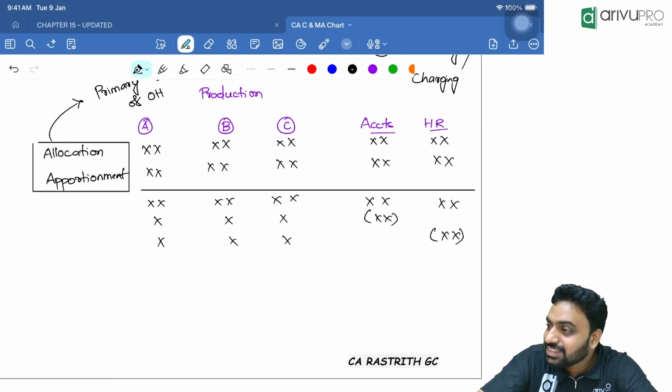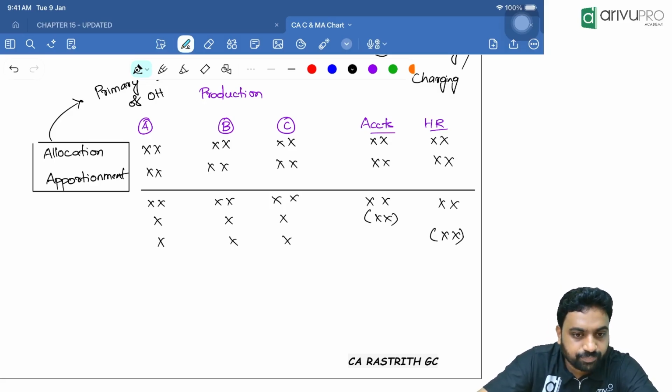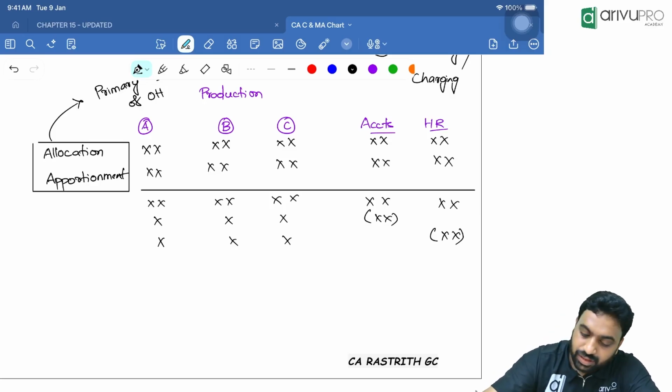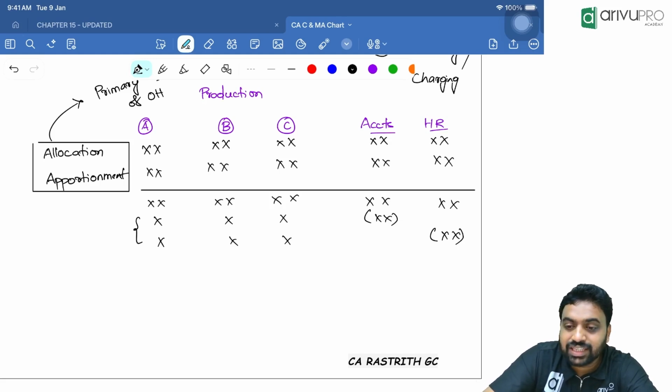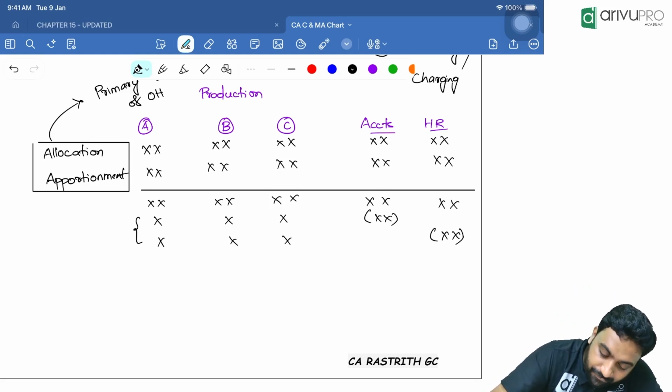That is service department overhead. As the service department is not into production, you can't charge it to any final product directly. That's the reason we will apportion it to the production departments. Now this process of charging the service department overhead to the different production departments, we call reapportionment.